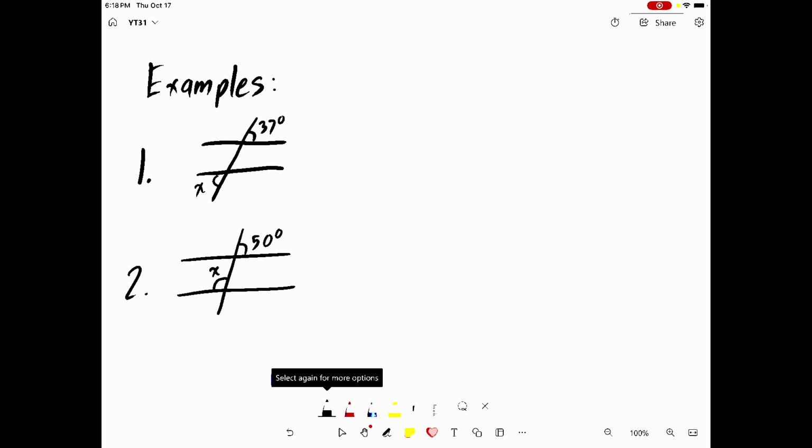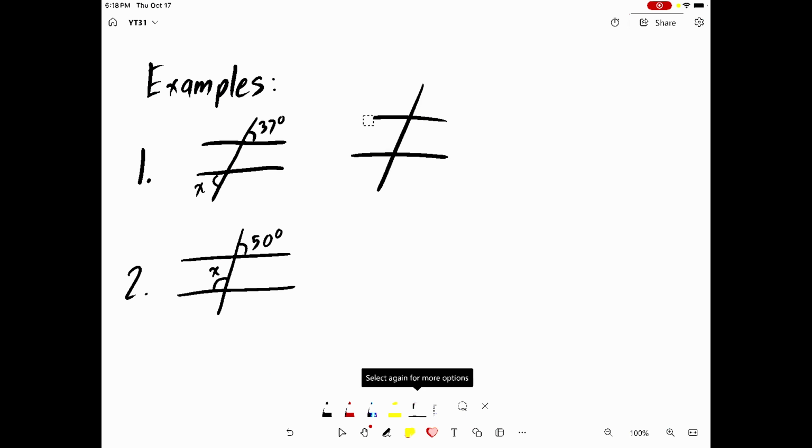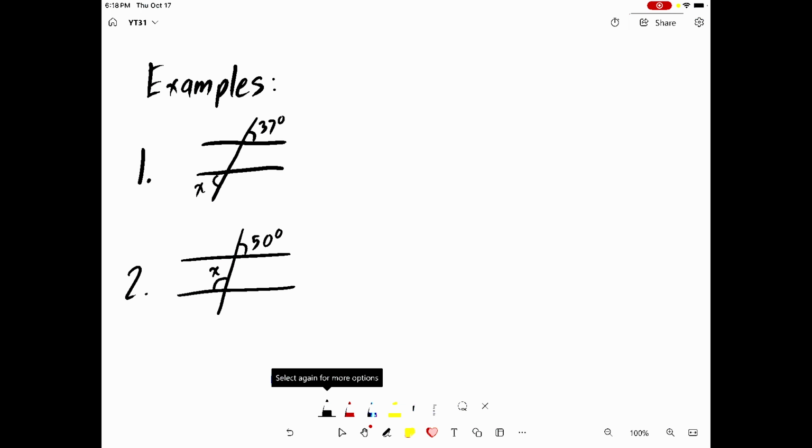Alright, today we have two examples. Both of these examples involve finding an unknown angle called x. We have one given angle, and we're assuming both of the lines are parallel. These two lines are parallel, and then we have a line intersecting them. For our first example, we have 37 degrees as our given, and we want to find x. If you look at the similarities, number one, they're both on the outside.